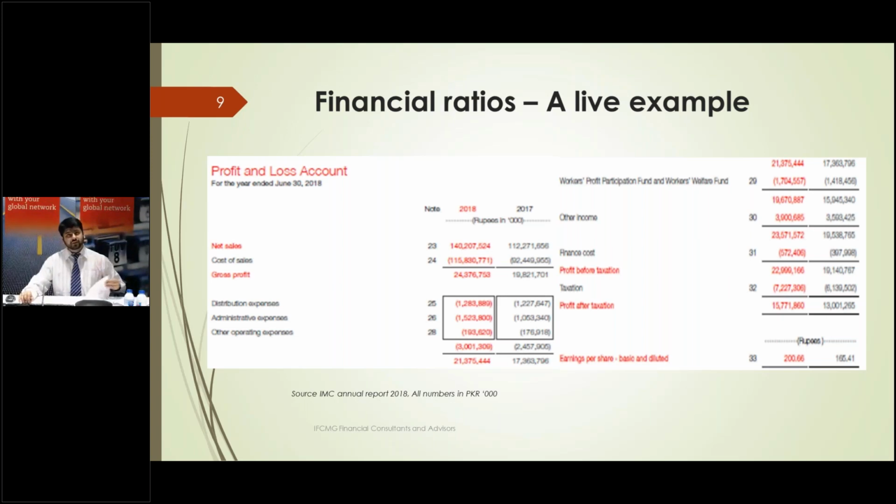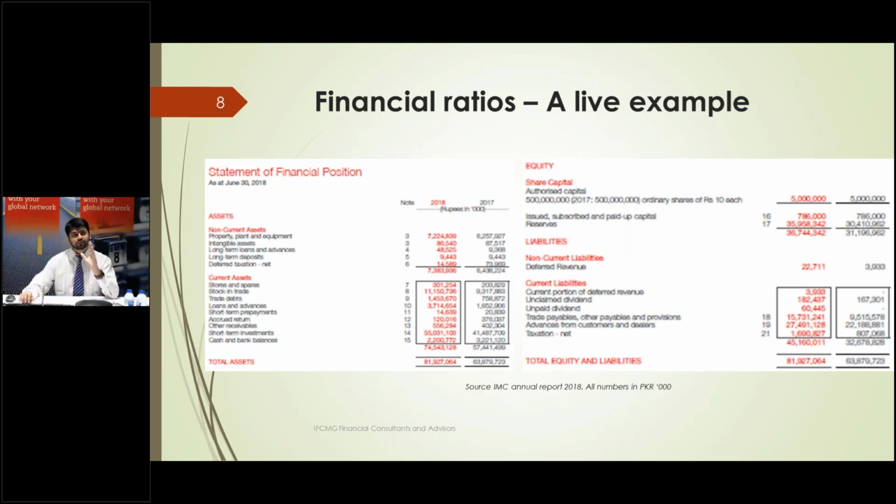This is a slightly detailed profit and loss account. So we have net sales, cost of sales, distribution expenses, administrative expenses, other operating expenses, workers' profit participation fund, other income, finance costs, profit before tax. It's very critical here to know that both of these sets of accounts, the financial statements, do not operate in isolation.